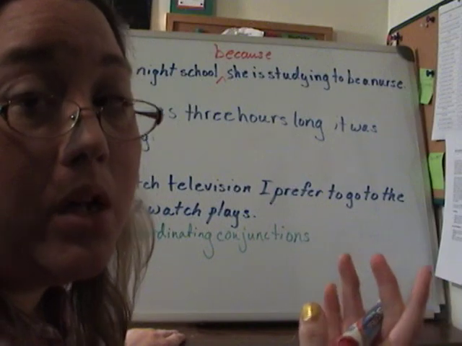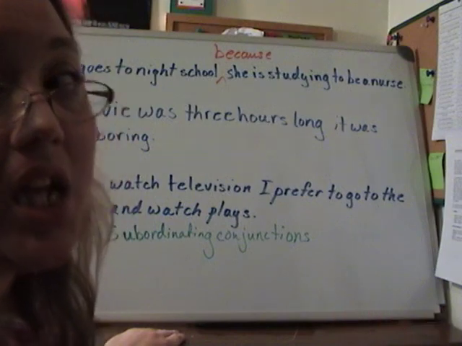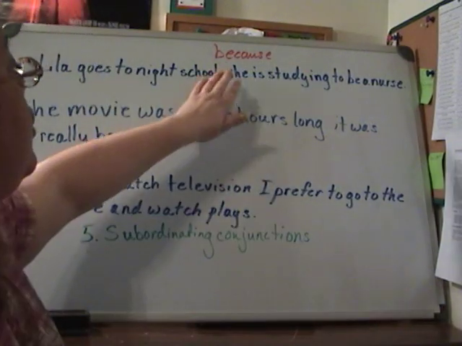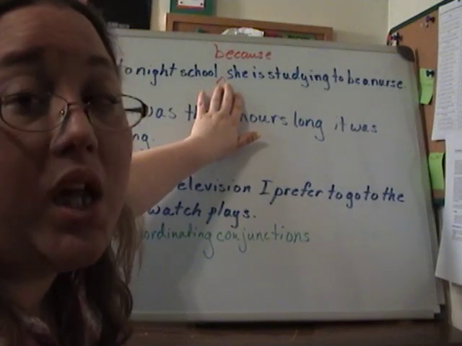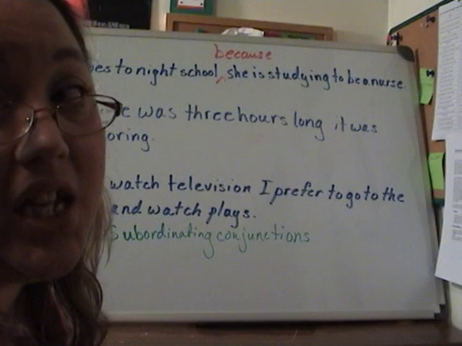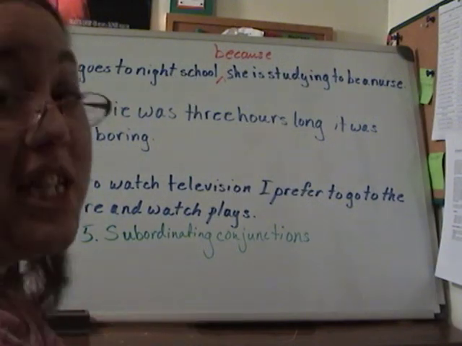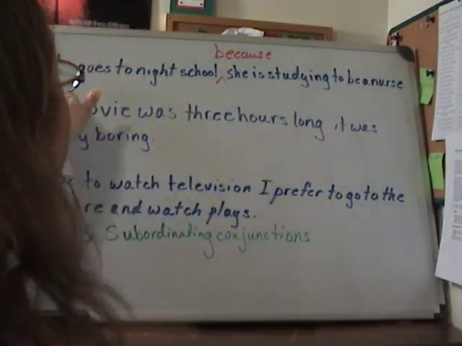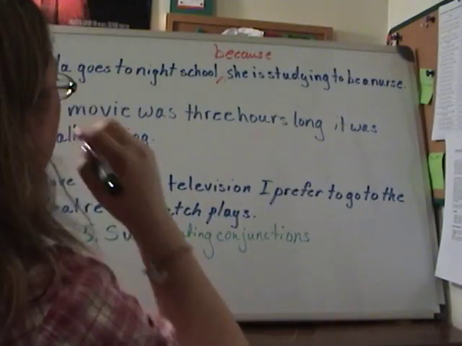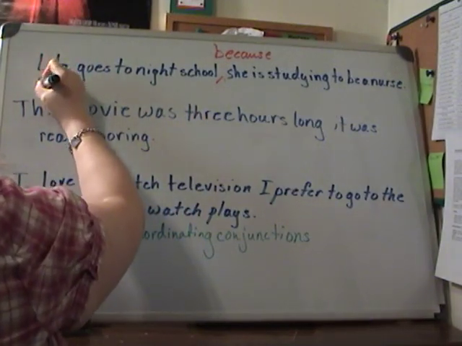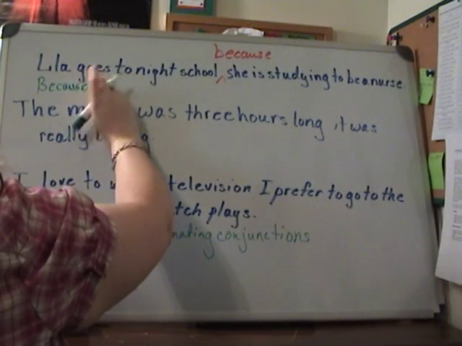Now, remember, there's a very key rule in regards to comma usage with subordinating conjunctions. If I am placing my subordinating conjunction in between two complete thoughts, there will be no comma used within that sentence. But if I were to change this sentence by reversing it, so instead of starting it with Lila goes to night school because she is studying to be a nurse, I could say because, well, let's start off with Lila.